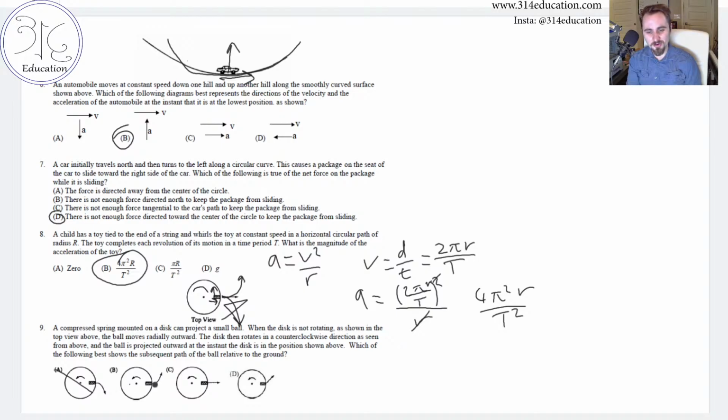But B is curved, and if we compare this to something like D, D is going to be more accurate, because as soon as we are free of the disc, it's not going to be influencing our velocity anymore. So it can't curve our velocity that starts out horizontal and curve it up like it will in B. C just has us shoot right out, but that ignores the upwards component of our velocity, which we need to factor in. So that leaves us with D.